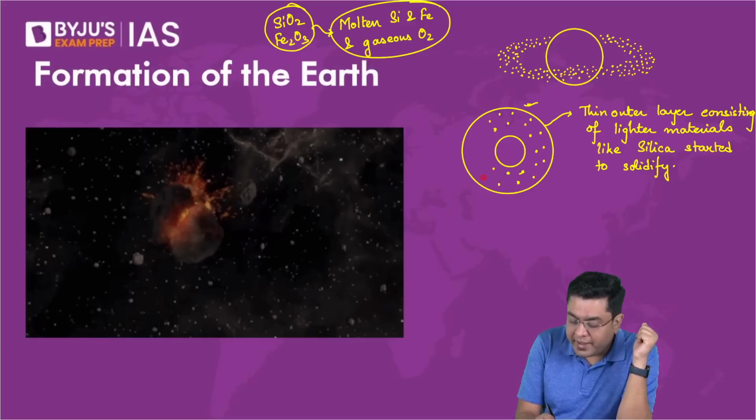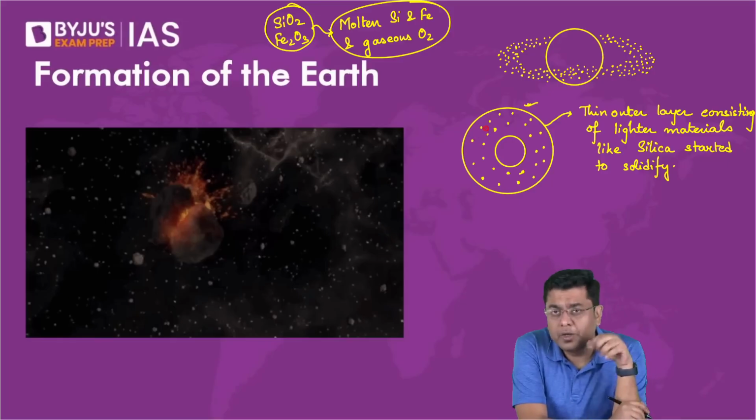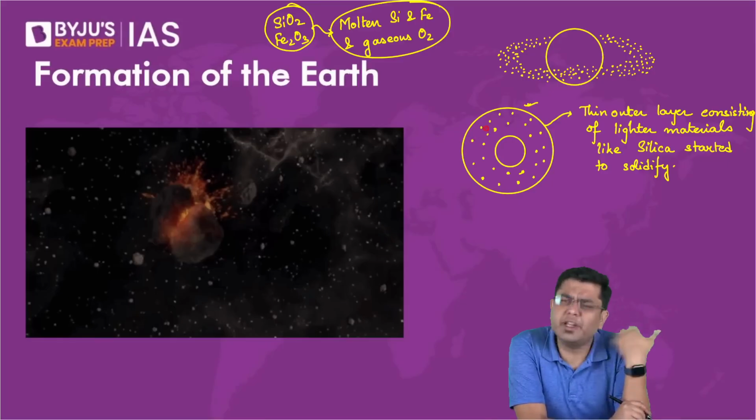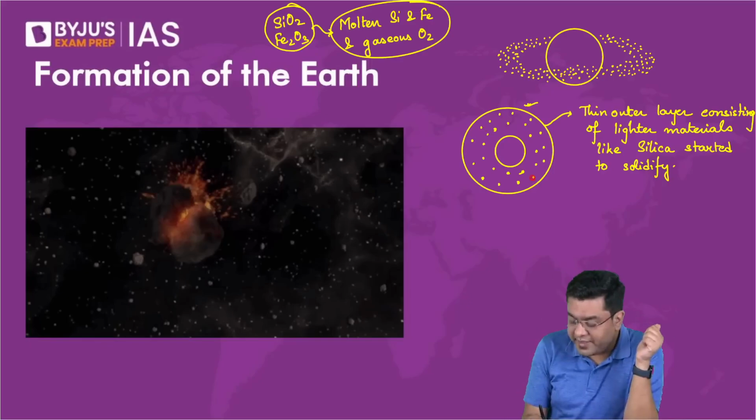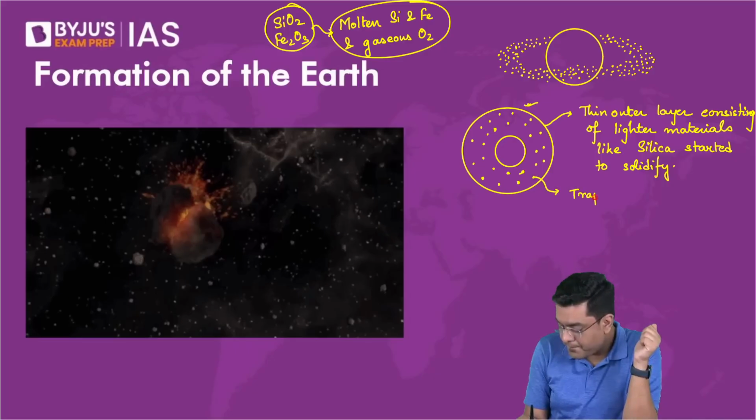Now the solid outer surface was not as hard as the surface today. Today, the surface is much harder because it has cooled down, obviously. At that point of time, it was just cooling down, so the surface was still weaker. So these trapped gases rise to the surface.